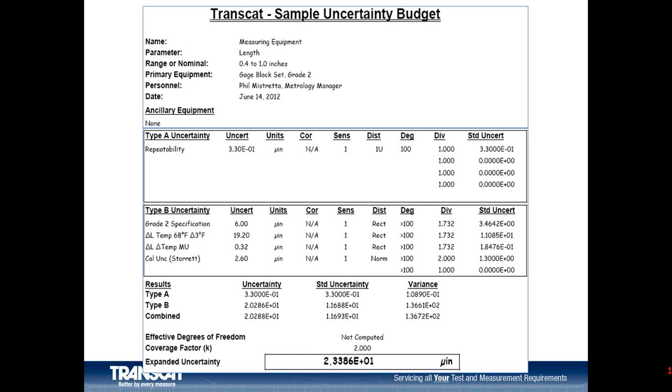In this table, you can see the repeatability is listed as 100. That's because the Student T correction factor was applied. Before applying that Student T factor, it would have only 4 degrees of freedom or 14 degrees of freedom, depending on how many measurements were involved.